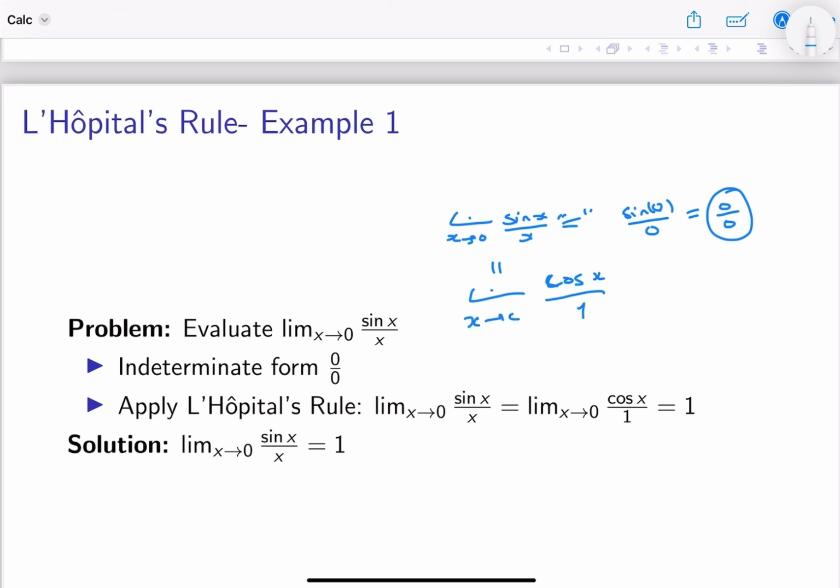Then you take the limit as x goes to 0, and notice that the denominator is not 0 as x goes to 0, so that is legit. This is equal to cosine 0 over 1, which is just 1. So this is a very important limit to keep in mind, and it's a simple application of L'Hopital's rule.